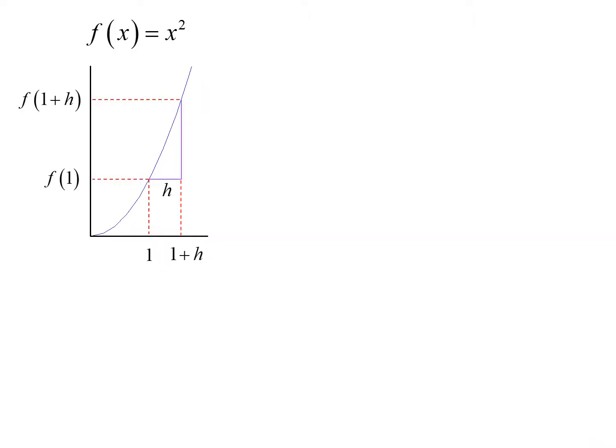So here again is the graph of x squared, and we're going to take the point (1, 1), and we're going to move over some distance h, and h is a very, very small amount. So the slope is f of 1 plus h minus f of 1 over that change in distance h.